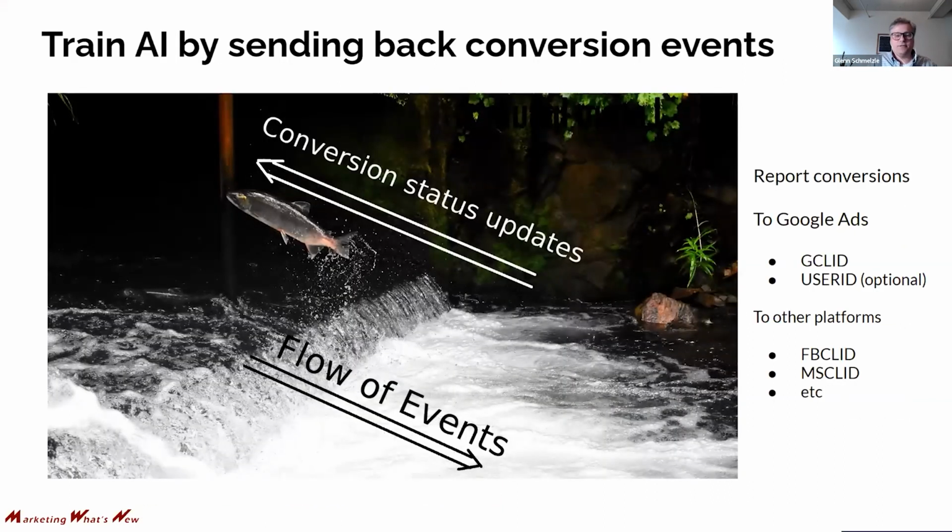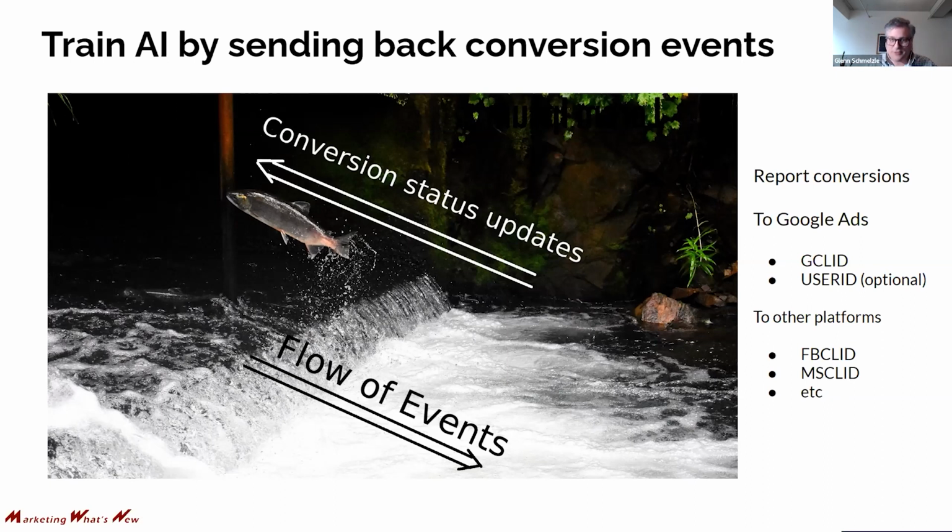Another thing that can come into it is the status of when we're getting these conversions. So as I said, that information of getting back into a channel, whether it made a sale or not, is information that we have to feed back, even though it goes against the flow of where our user is going.